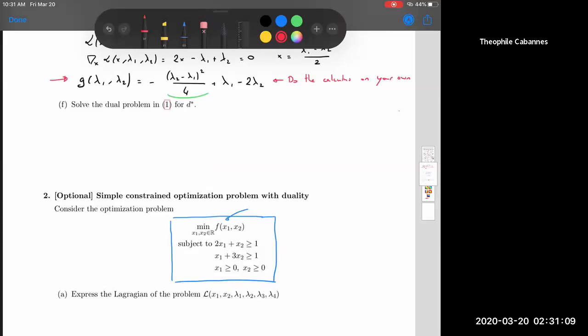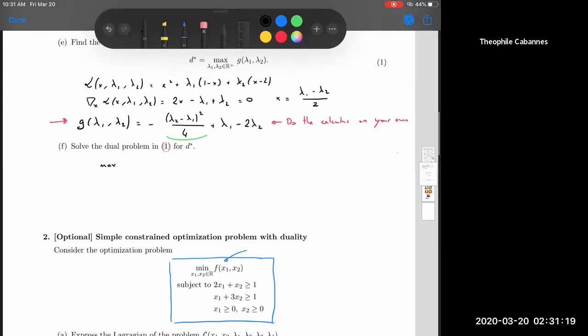And this dual function, now we want to solve the maximization of the dual function such that lambda1 and lambda2 are greater than 0.